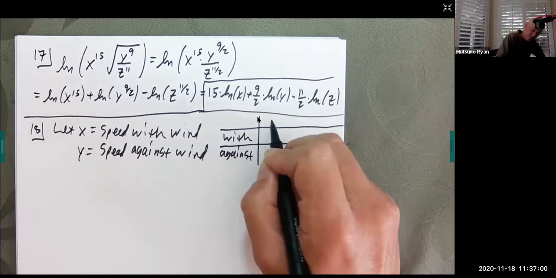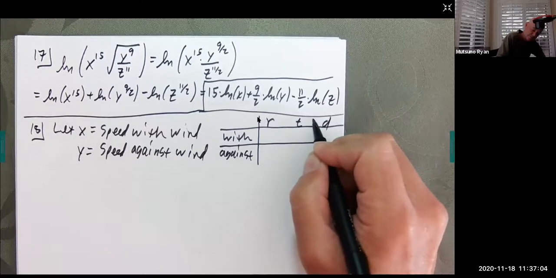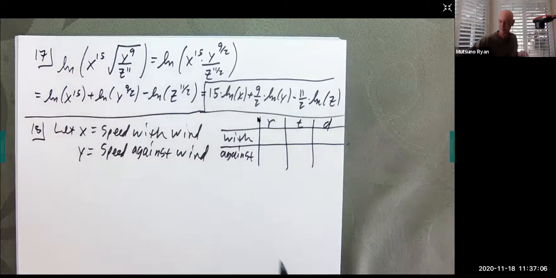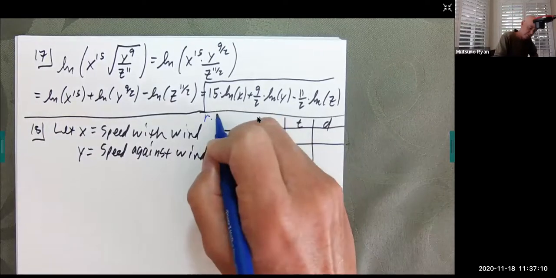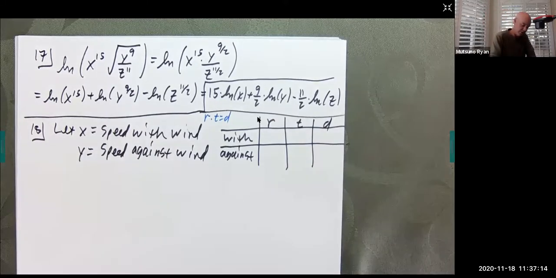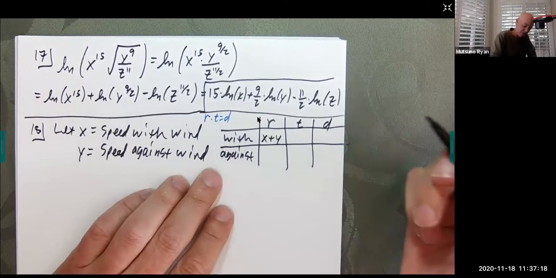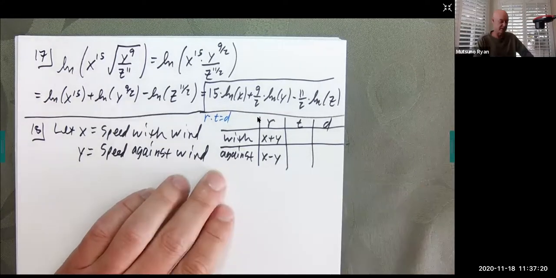We're going to use our friend rate times time is distance. The rate of the plane with the wind is going to be x plus y. Against it, it's going to be x minus y. The wind is slowing it down when it's going against the wind.